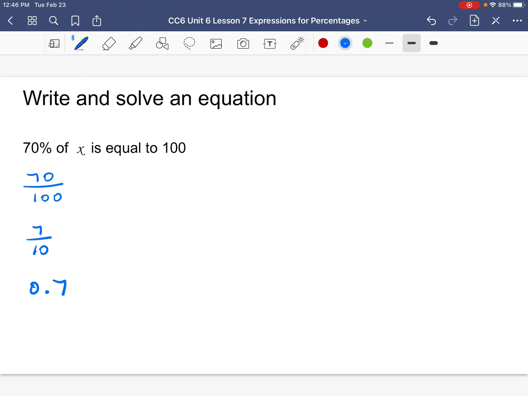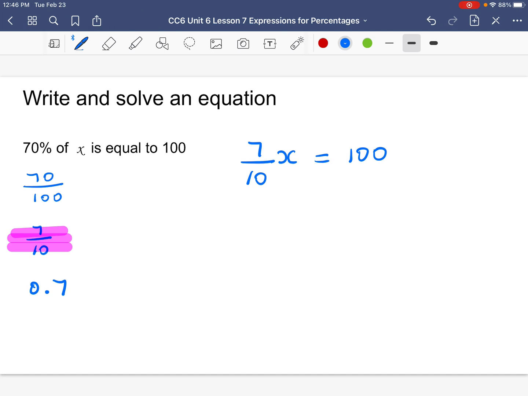So I can choose any of these for my equation. I'm going to choose the fraction 7/10. And I'm going to write 7/10 multiplied by x. I want to know what is x, what's the value of x.